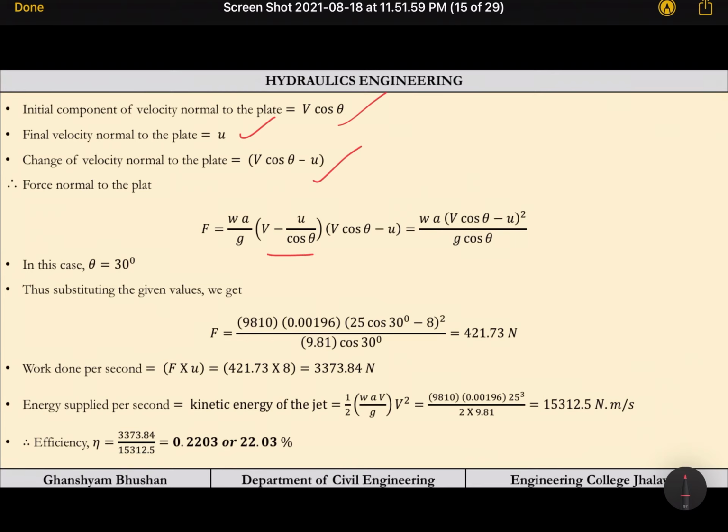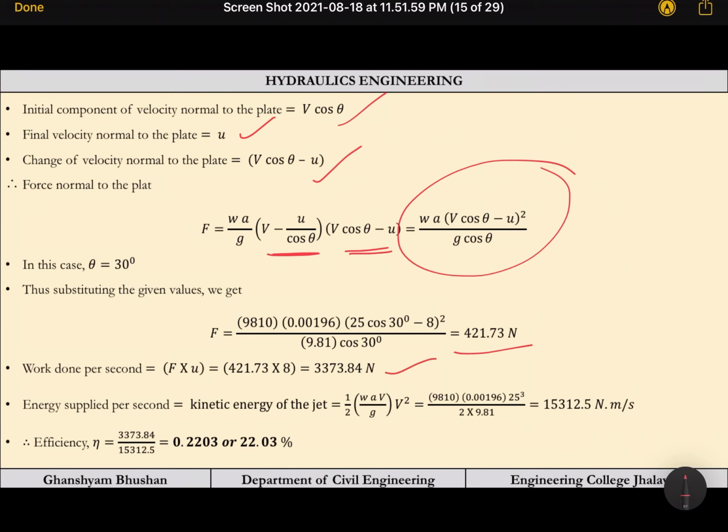When the plate was stationary, it was WA V by G. But here the effective velocity is V minus U by cos theta, and the effective motion is V cos theta minus U. So put all the values together. Theta is 30 degree, V is 25, U is 8 meter per second. So you will get force as 421.73 Newton.